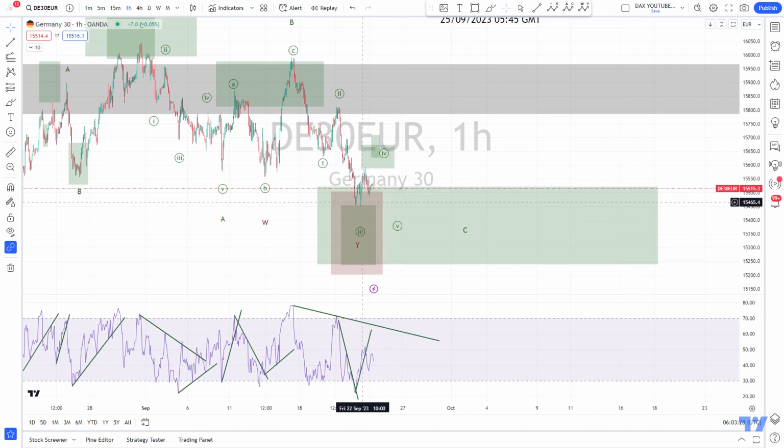Now, if we would go back into this area as a nice A, B, C, like I showed you on the 15-minute, this can be a nice short opportunity here for the wave 5 to the downside.